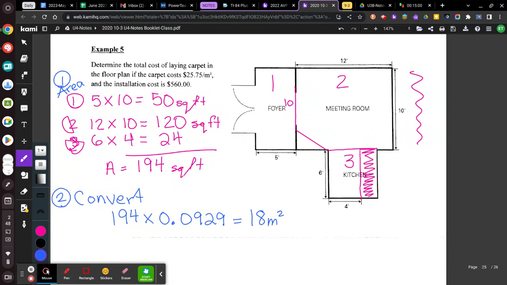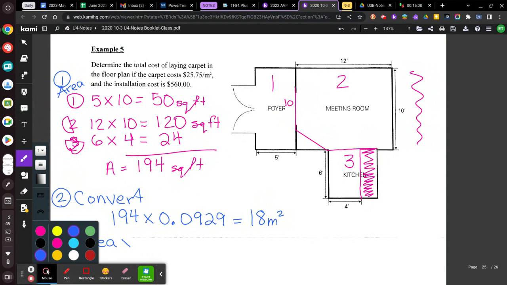And now we have to multiply that by the money. So step 3 is multiply by the money. So it's going to be area times money. Okay, so area times the money.